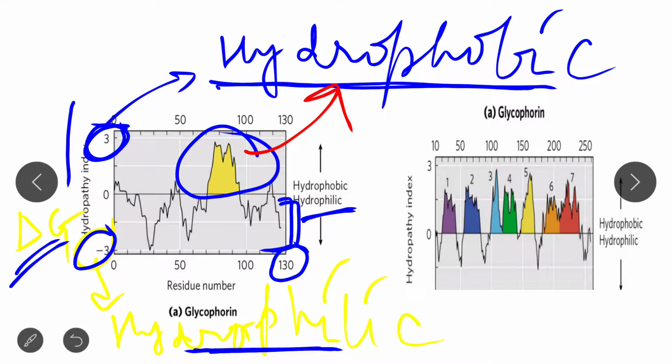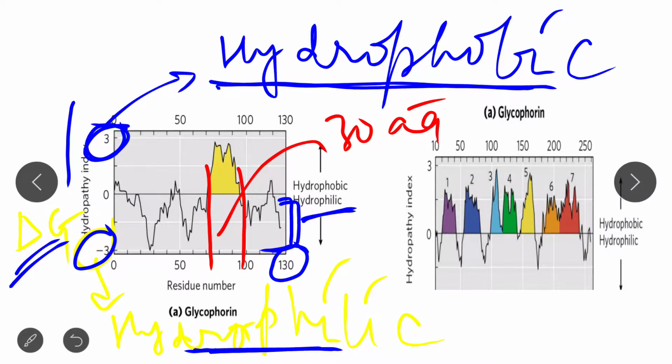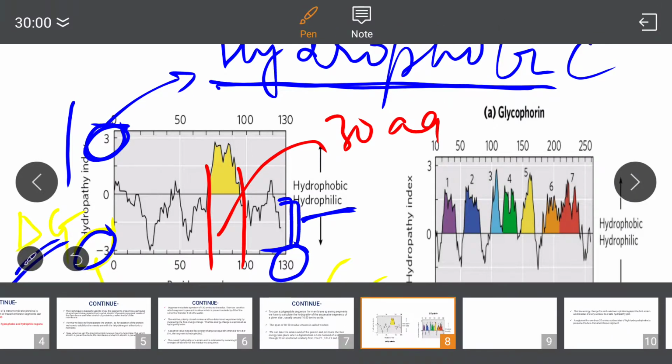Okay, so let's look at this figure. If we look at this, 1, that is 10, that is 20, and this is 30. So from here to here, you can easily observe that 30 amino acid residues are there. See it very clearly.